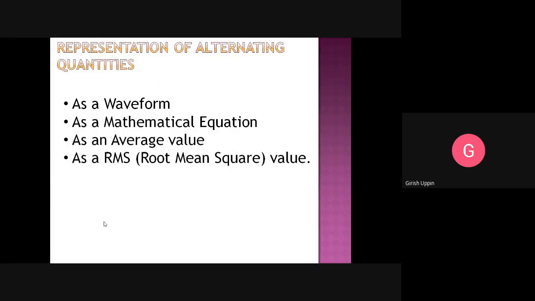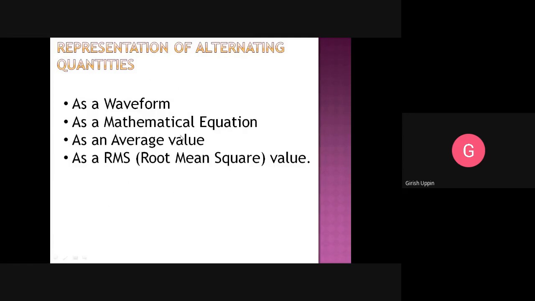Now already we saw how the waveform is represented. The alternating quantity is represented as a waveform and also as a mathematical equation. When we are drawing the waveform, two important things have to be represented: one is the peak value, and the second is the time period, that is the time taken to complete one cycle.